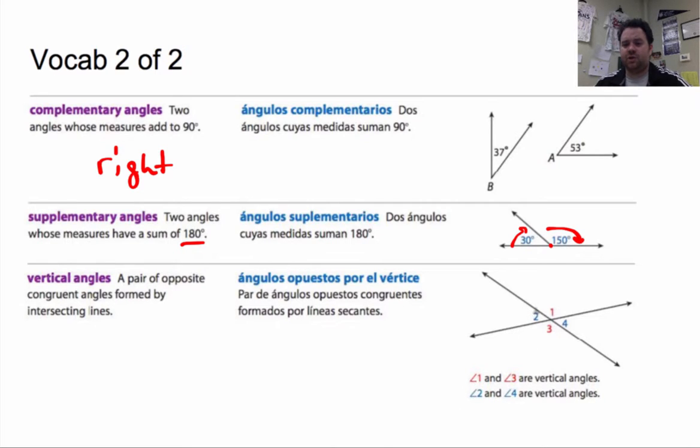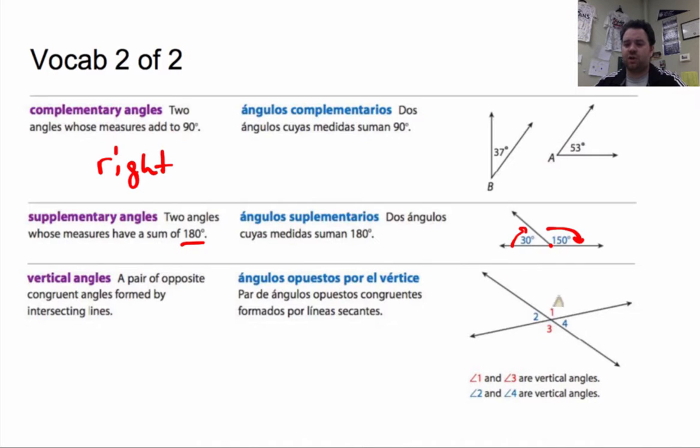And similarly, angle 2 and angle 4 are the same angle. By the way, while we're talking about this, I want to point out that angle 1 and 2 together, what do they make? They make a straight line. So they're supplementary. By the way, those are adjacent angles. Any two of these that are next to each other are going to be adjacent, and if they make a straight line, then they're supplementary.